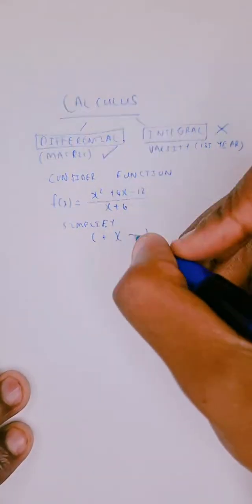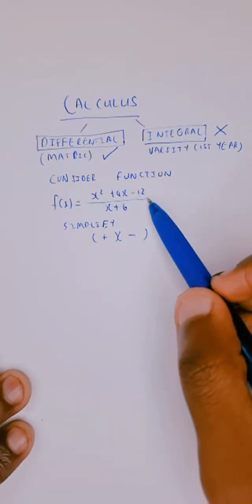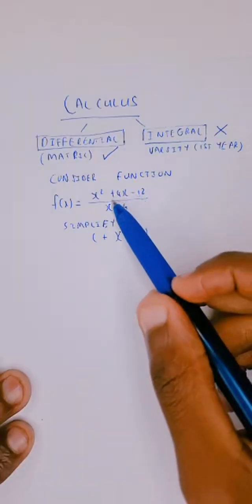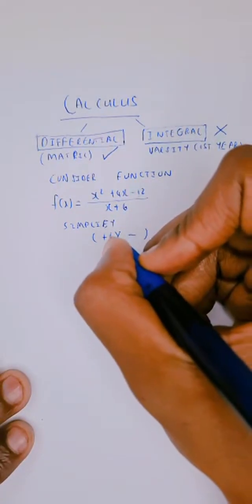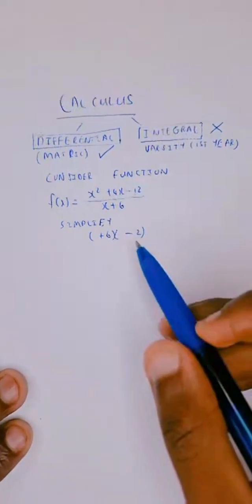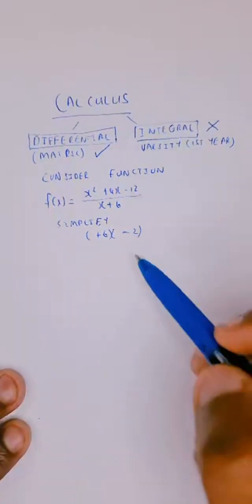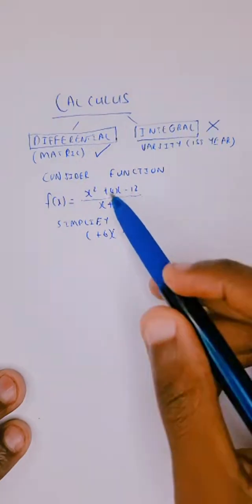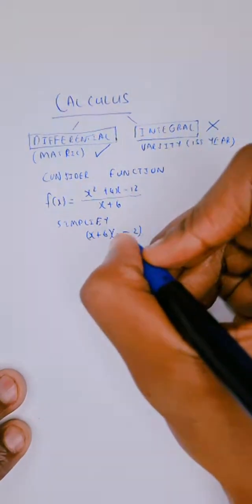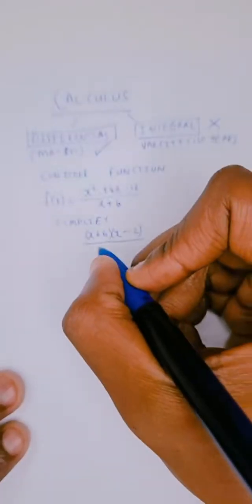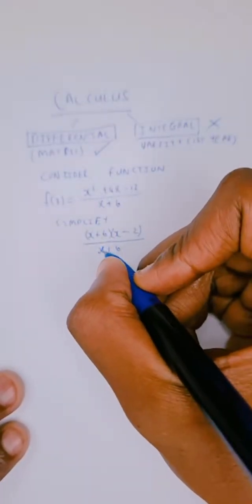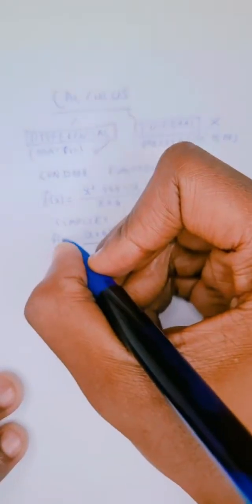Our factors of 12 that when we multiply give us 12, but when we add give us a positive 4, are 6 and 2. 6 times negative 2 gives us negative 12, whereas 6 minus 2 gives us 4. We have x plus 6 into x minus 2 all over x plus 6.